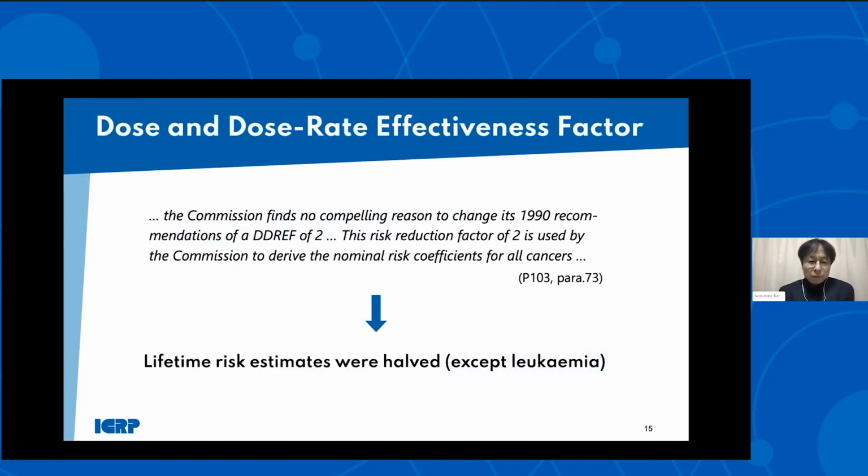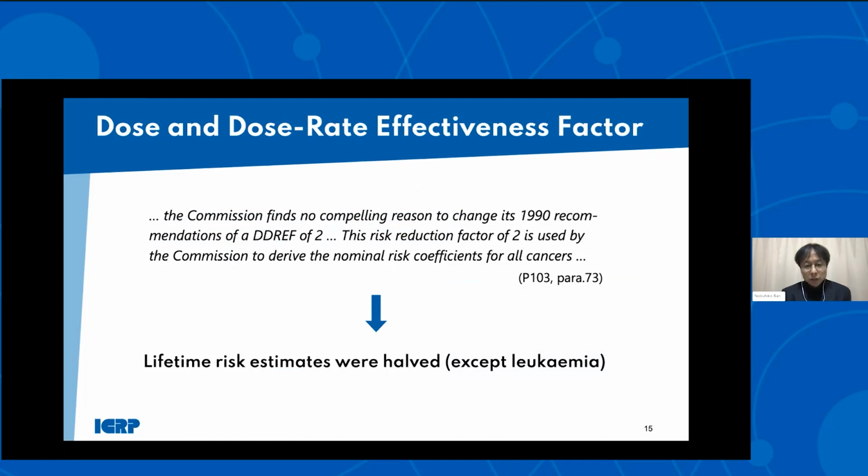And then, dose and dose rate effectiveness factor. In publication 103, it is described that the Commission finds no compelling reason to change its 1990 recommendations of a DDREF of 2.